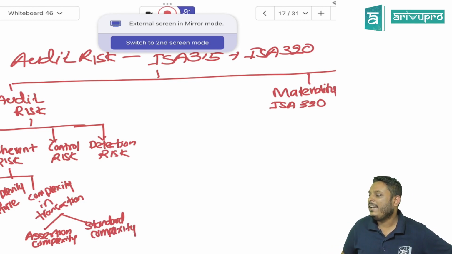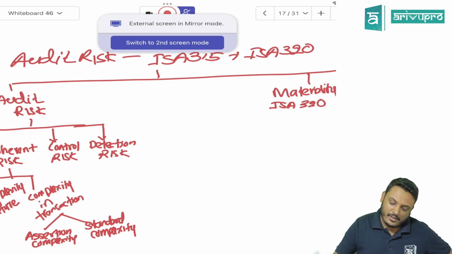Two is standard complexity. Is my handwriting visible, right? Assertion complexity, standard complexity. Okay.